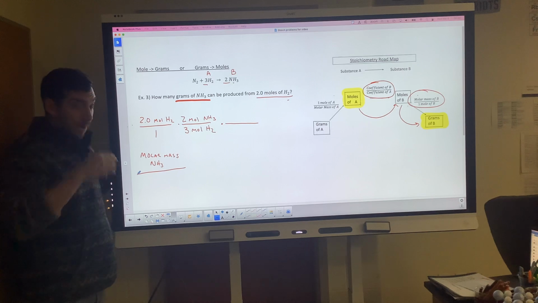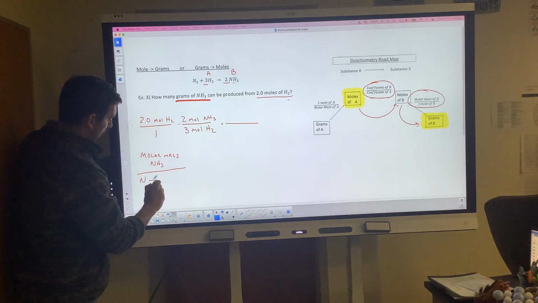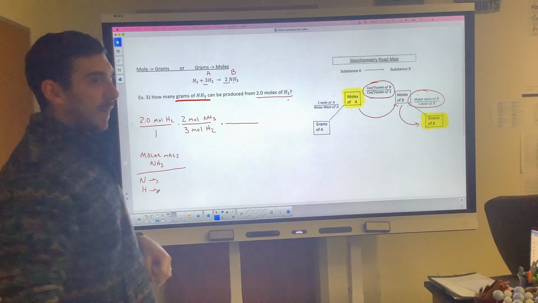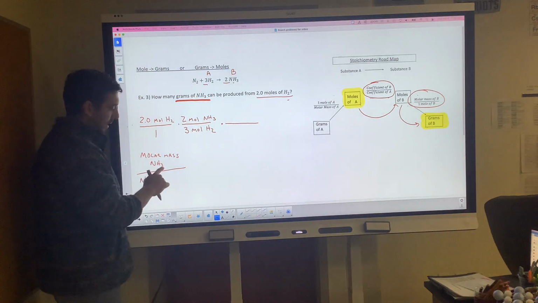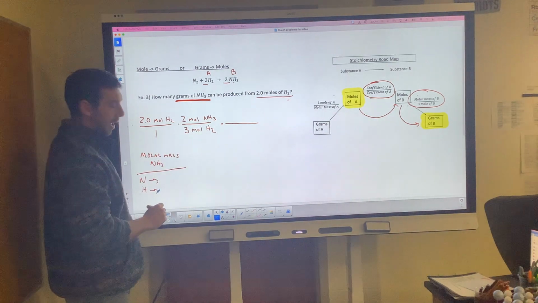Remember when we did that, we made a little list. We labeled the elements that are in the formula, so we have N and H. And we used the periodic table to find that decimal number, or that mass, and multiplied it by the subscript. And then we can just add all the numbers we get in the end after we multiply.